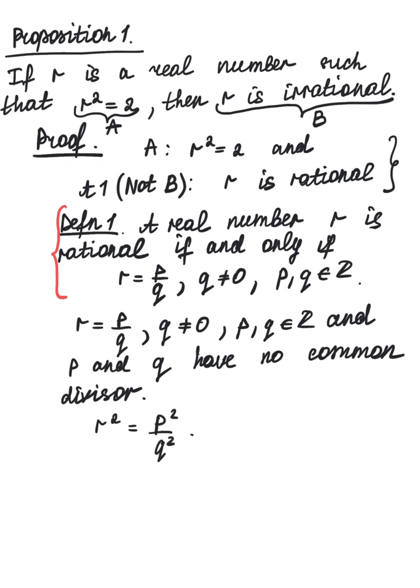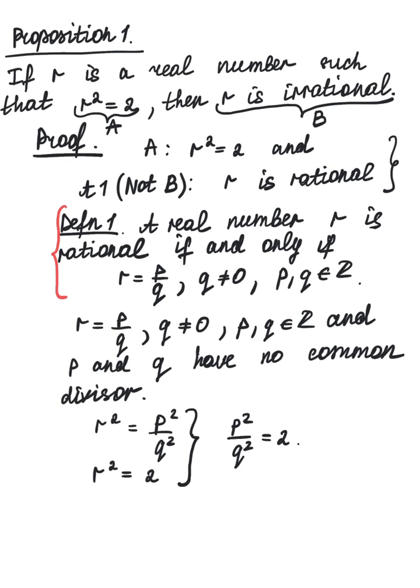Also, we know that r squared equals 2 from statement A. So these two statements tell us that p squared over q squared equals 2.